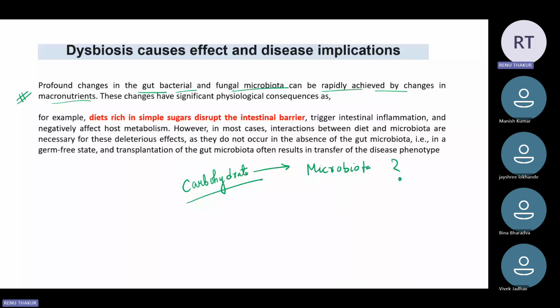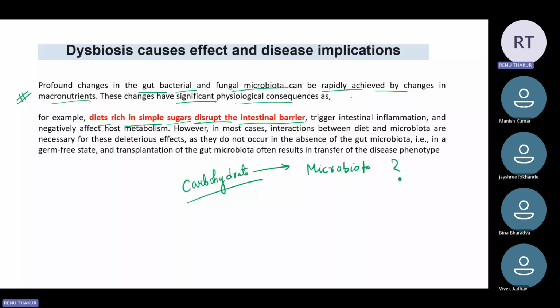They may have some significant physiological consequences. As an example, a diet rich in simple sugars will ultimately disrupt or impair your intestinal barrier. Your intestinal epithelium will be impaired if you are consuming sugary food.